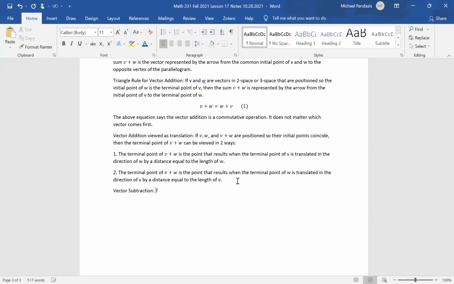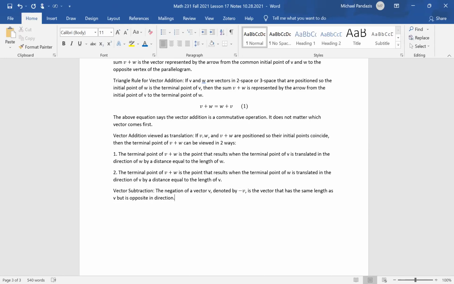Vector subtraction. The negation of a vector V denoted by negative V is the vector that has the same length as V but is opposite in direction.